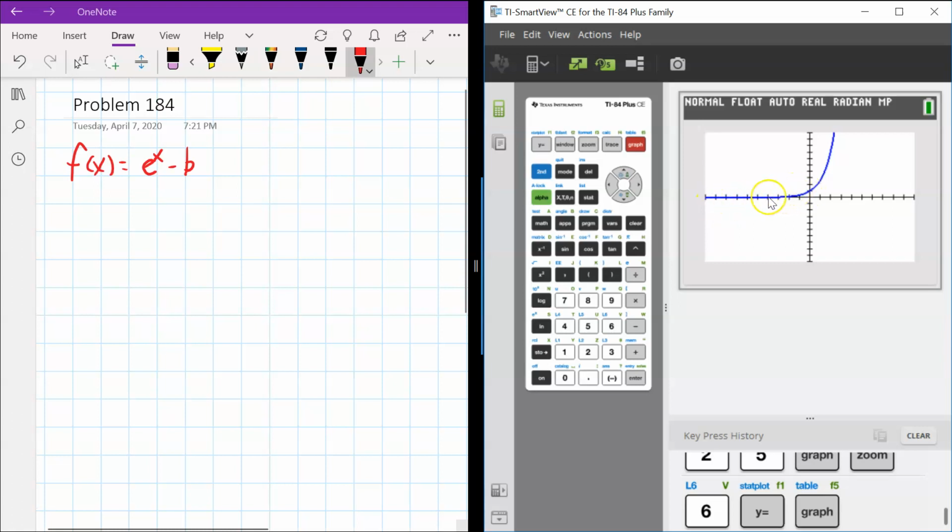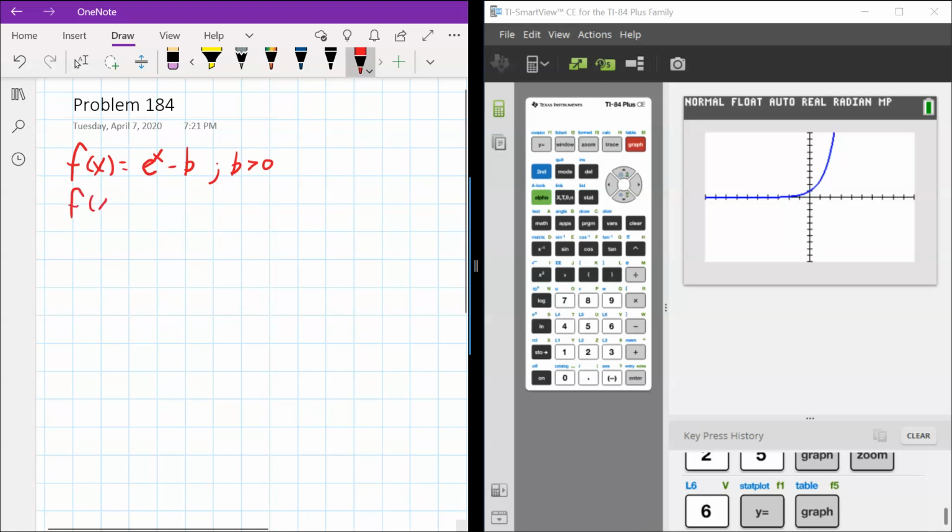So it doesn't have a y-intercept. So as long as we subtract any positive number here, so as long as b is just bigger than 0, then this function will actually dip below the x-axis and have at least one root.